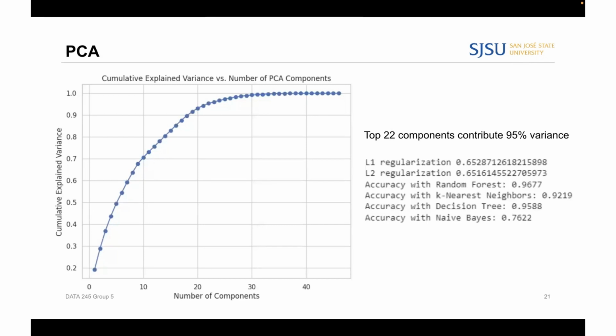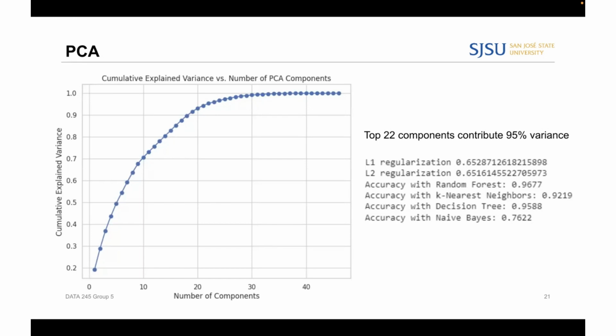The first method that we chose was principal component analysis, and we wanted to account for 95% of variance in our descriptive features. So using a simple PCA plot, we have come to the conclusion that the top 22 components contribute to about 95% of the variance.